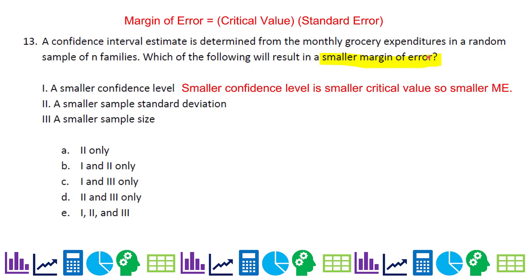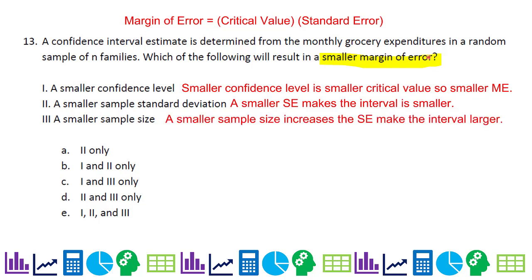So choice 1 does work. Choice 2, a smaller sample standard deviation. Yes, a smaller SE will definitely make the interval smaller. Then a smaller sample size actually increases the standard error, making the interval larger. So just 1 and 2 will work here.